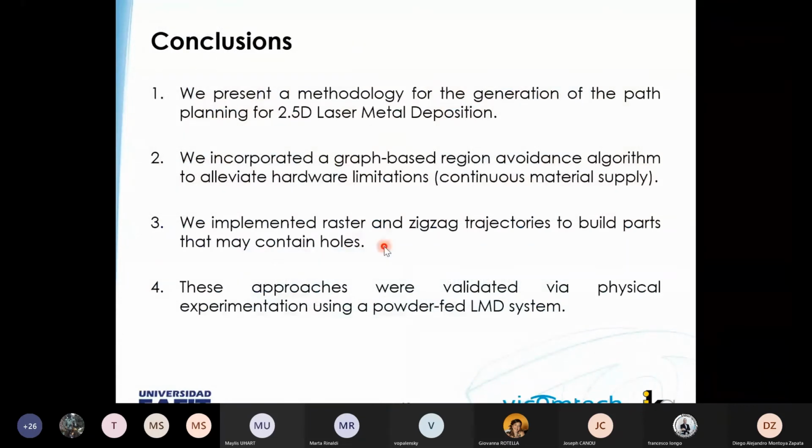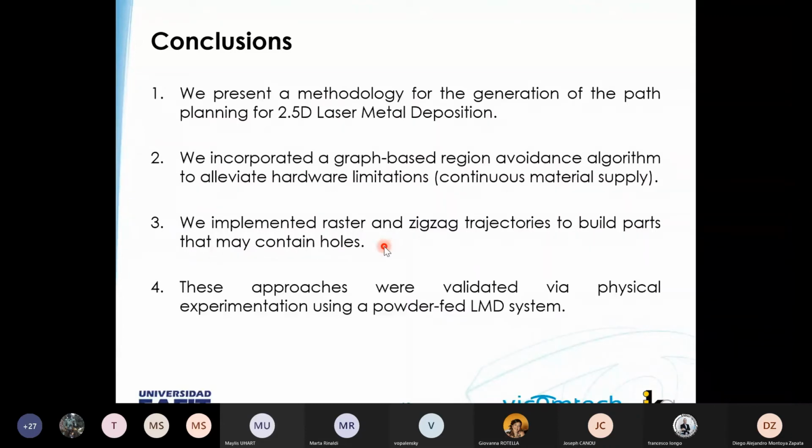And finally, to summarize my presentation, I've presented a methodology for the generation of the path planning for a 2.5D laser metal deposition process. We have incorporated a region avoidance algorithm that is based on a graph abstraction of this problem, which somehow alleviates a hardware limitation, that is the continuous material supply.